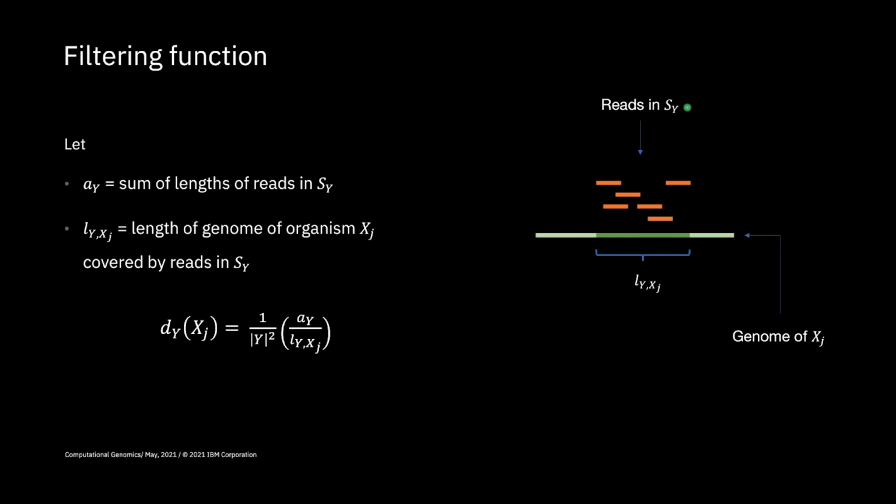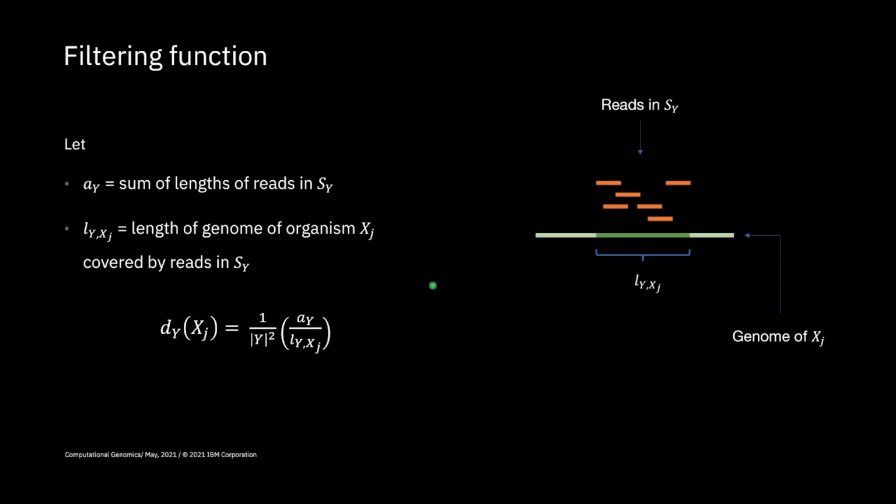So for instance, let's say that you have a bunch of reads in Sy, right? And Xj is one of the organisms that is hit by these reads, so it's in Sy. If you imagine a bunch of reads stacked very high here, this length is not changing, but this number is increasing, right? So the depth increases. So this is why this is the depth. That's the intuition behind it.